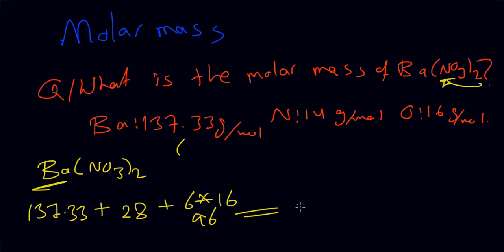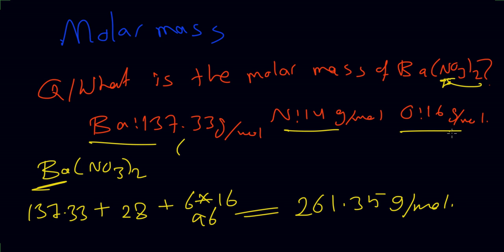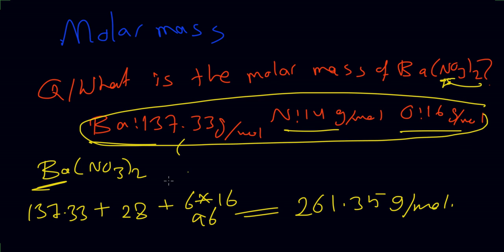So the result is equal to 261.35, what? Molar mass, gram per mole. This is the molar mass of only barium, this is for only nitrogen, this is for oxygen. They are given in the exam, so you will just find these grams according to the formula. That's great. Thank you very much.